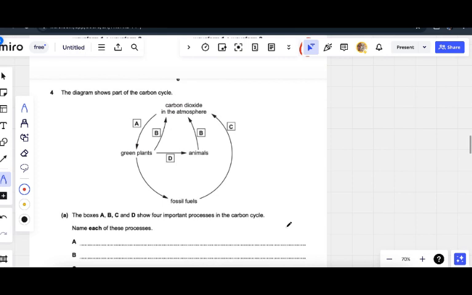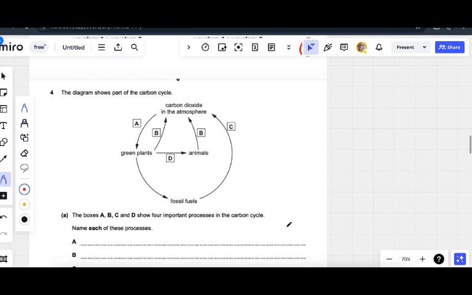The diagram, this one we did in chemistry last time. If you've seen our video on carbon and the carbon cycle, you know that we have done this one.